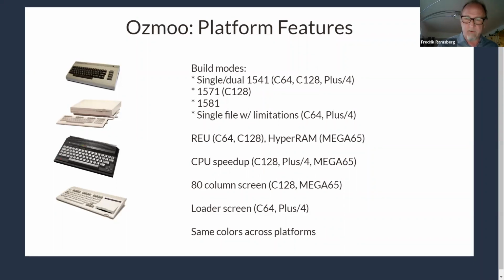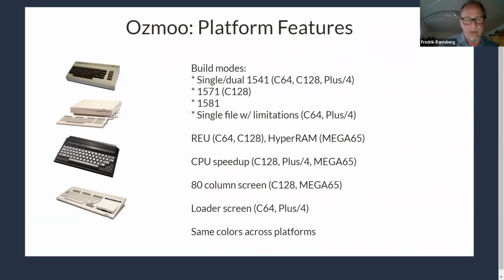It supports 80 column screen for the 128, and for the Mega 65, it supports a loader screen showing a graphic image while loading the game for the Commodore 64 and +4. And it has a set of colors. We started with the Commodore 64, so it was natural for us to base it on that. So when setting options for colors, you set it for Commodore 64 colors, and you will get approximation of those colors for all other platforms.